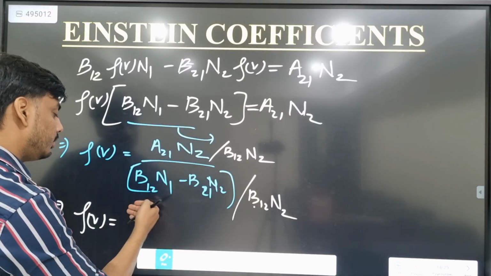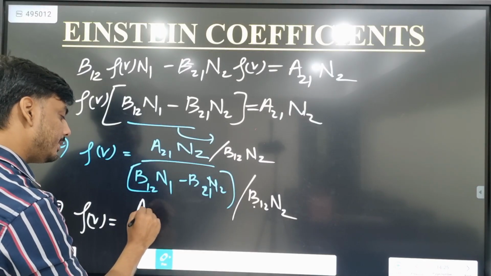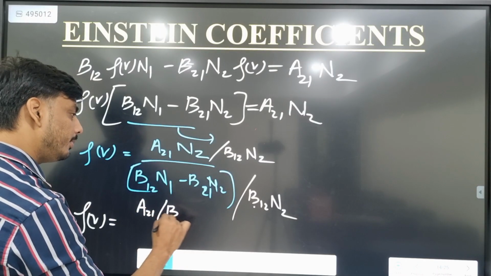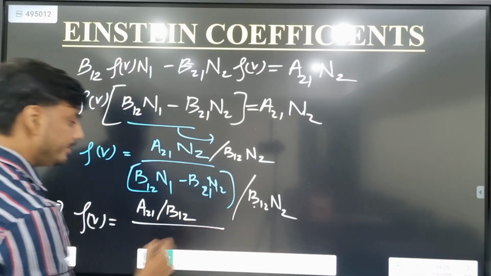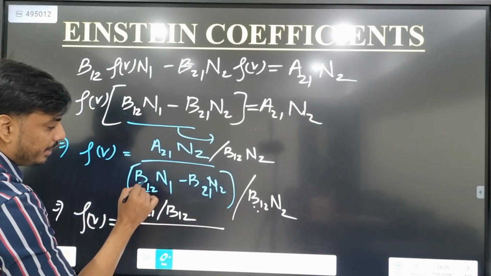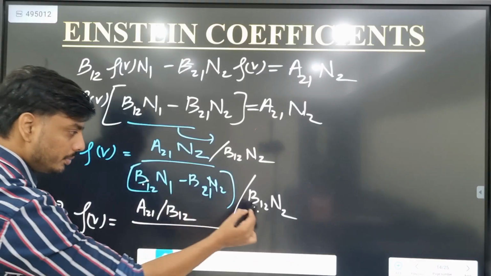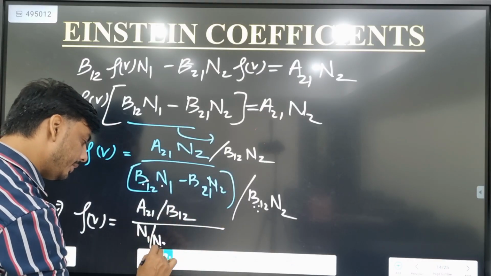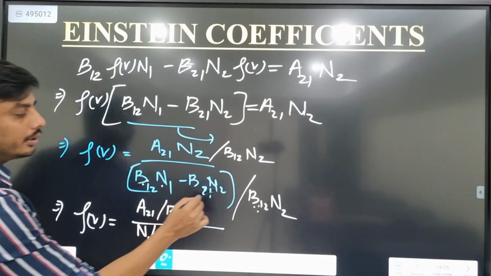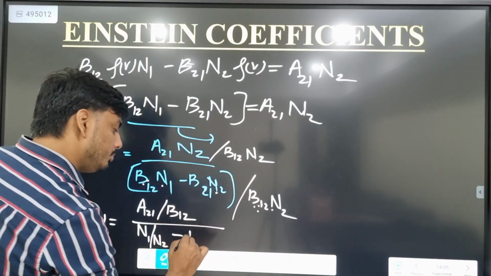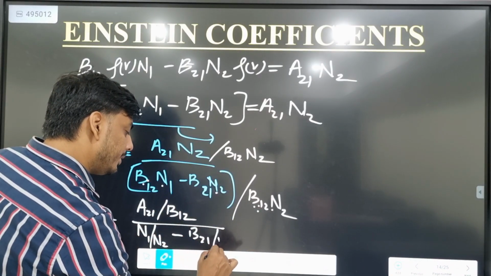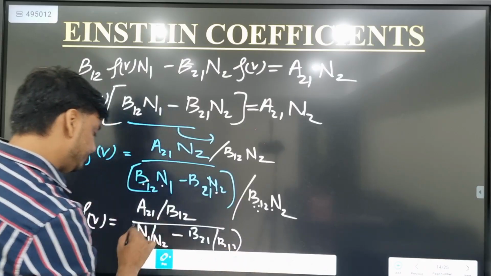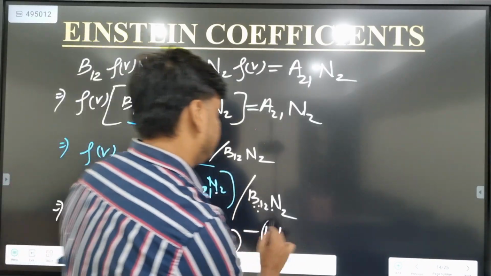In the numerator we get A21 divided by B12, whole divided by N1 by N2 minus B21 divided by B12. Equation number 1.